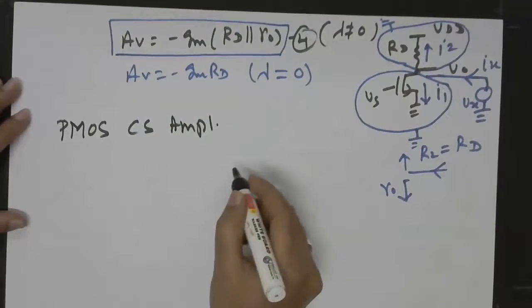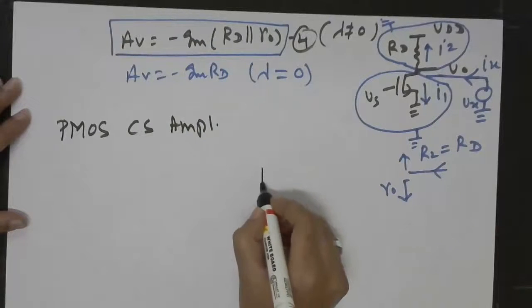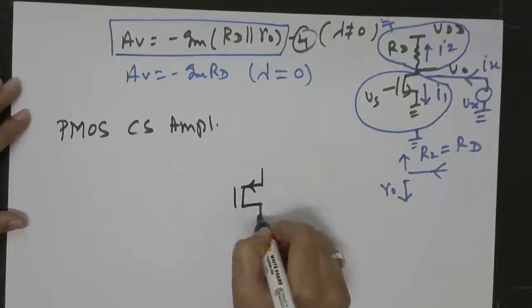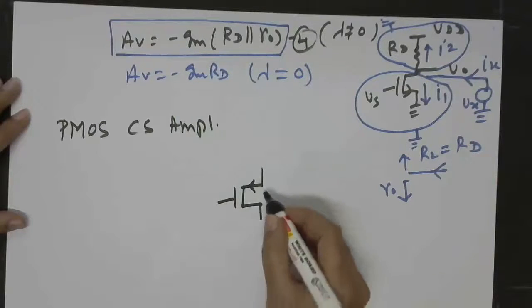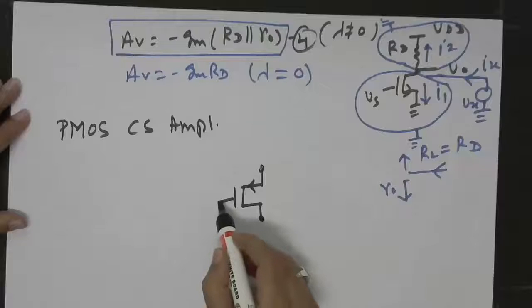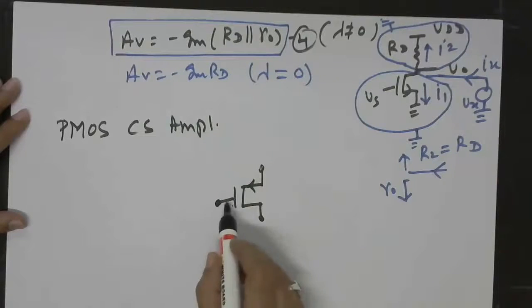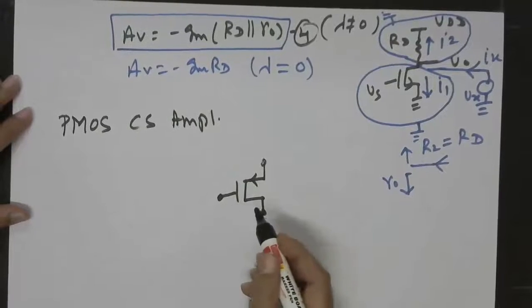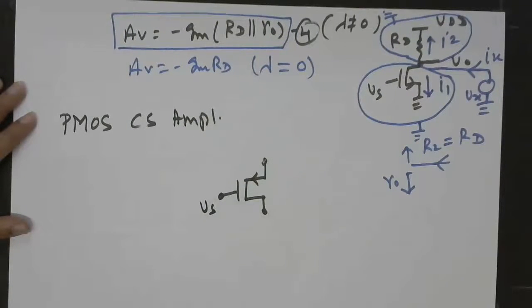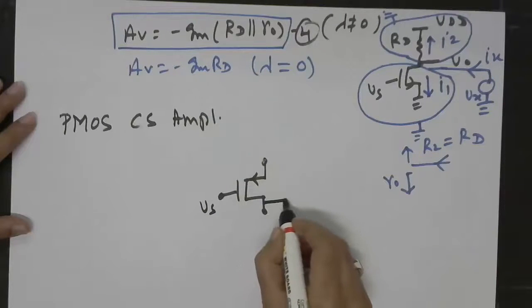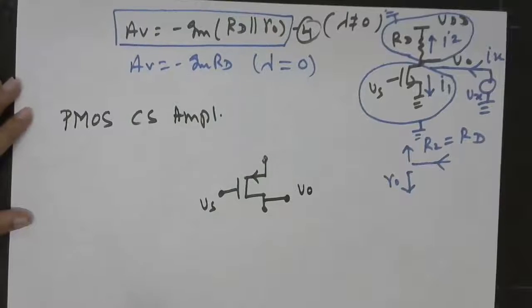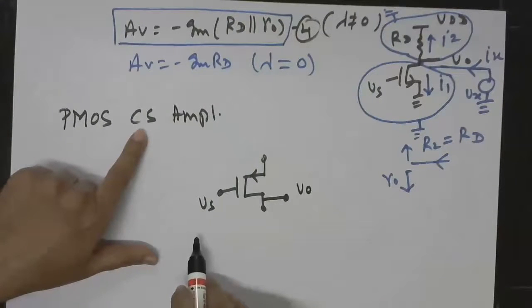So for the common source, we must have this orientation of the MOS. This has to be at higher voltage, this has to be at lower, and then we have the usual gate. Here also, of course, the AC will be applied at the gate, and the output has to be taken from the drain. So this is the topology for the common source amplifier.